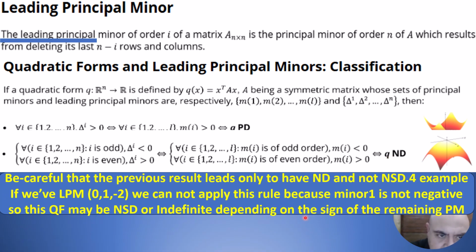Remark that, or be careful of that. If any of them equals 0, then we will need the sign of the principal minors to judge what the situation is. And this is written here and explained explicitly in the previous lectures.